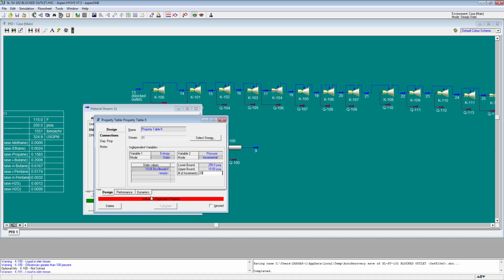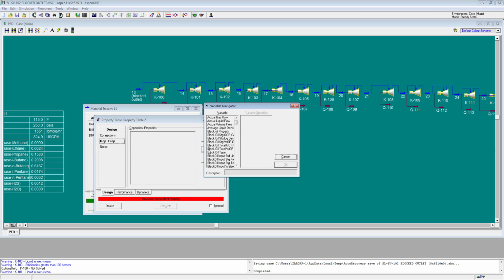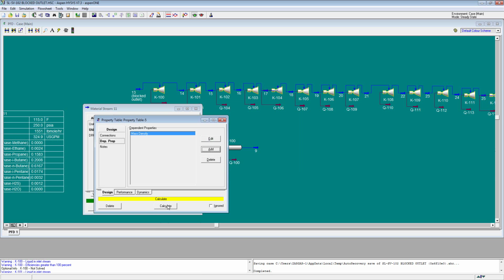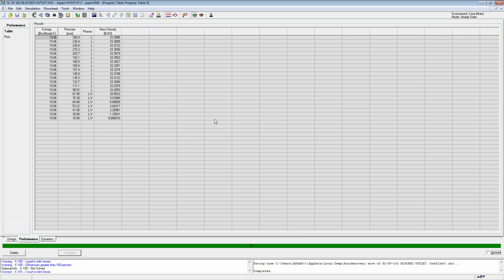Now we have to define our dependent property. We click on dependent property, click on add, and select mass density from the list. Click OK. If we click on calculate and we go to the performance tab, we can see mass densities are calculated as function of pressures and constant entropy of 19.06.